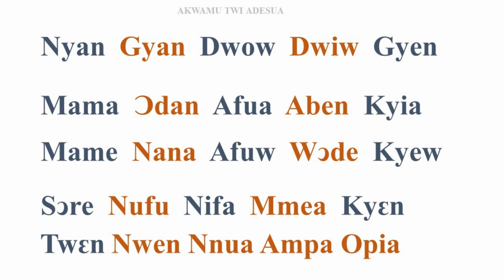Then A, then F, U, A. So we have the A, and then the F, and the U, and the A, which will give us Efua.